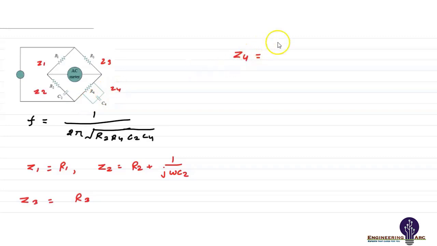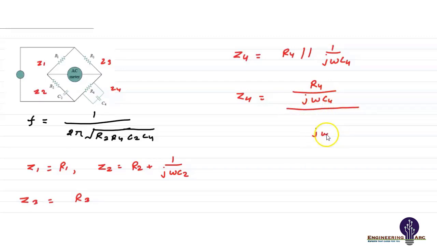connected in parallel. Then we can solve by applying the parallel combination rule. Then R4 parallel 1 upon j omega C4. So Z4 equals R4 upon j omega C4, taking the LCM in the denominator, then this will be j omega R4 C4 plus 1.